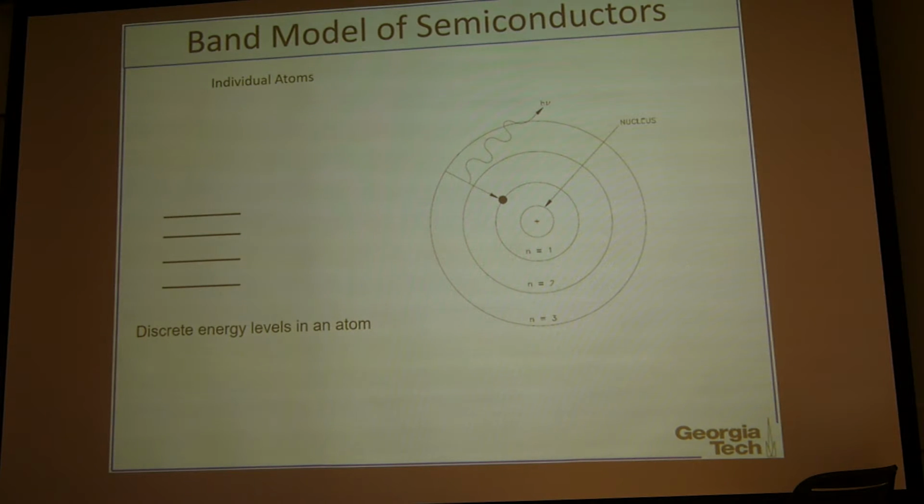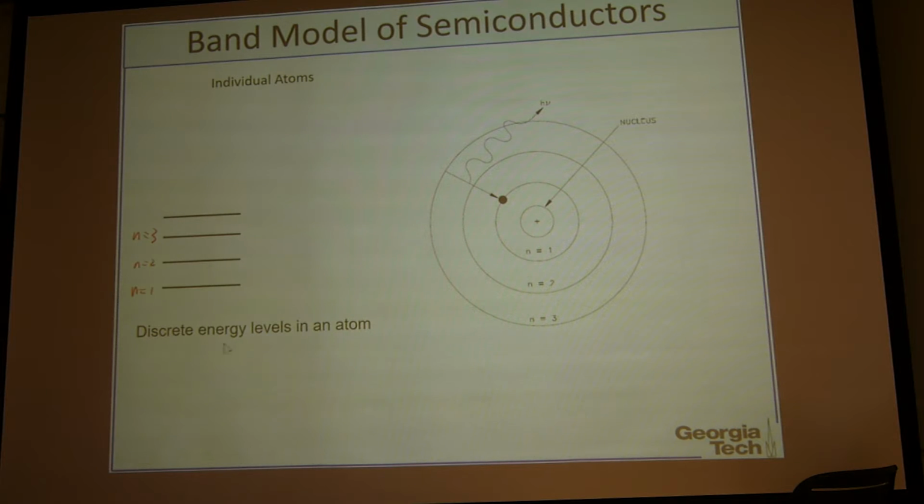And here we want to view the atoms using orbitals. So here you have the nucleus, and then you have the orbitals of the atom. Let's look at a very simple atom, for example, the hydrogen atom. Different orbitals carry different energy levels for the electron. The closer to the nucleus, the lower the energy level. So here we have different energy levels: n equals 1, n equals 2, n equals 3.